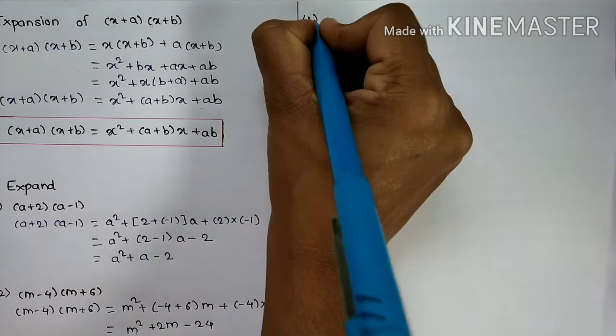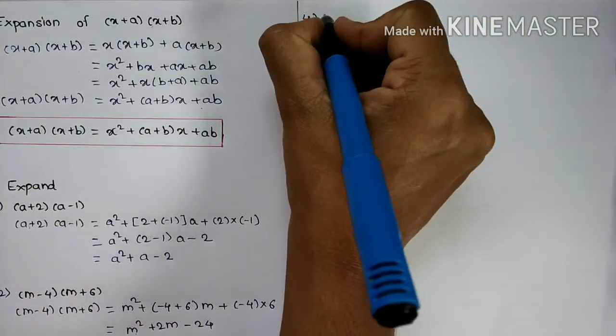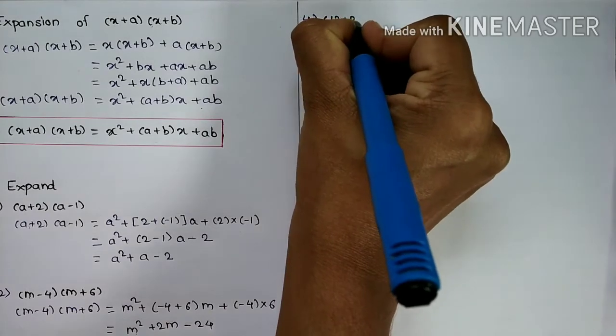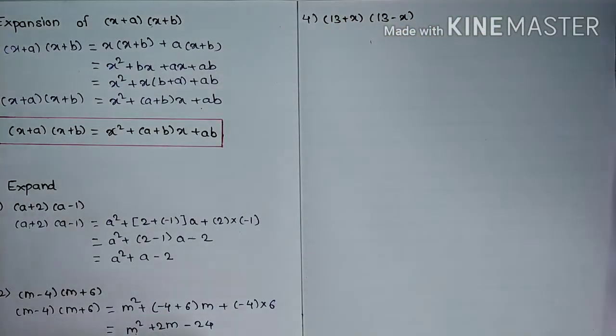Fourth example is (13 plus x) into (13 minus x).